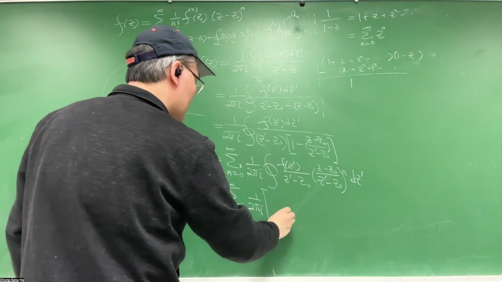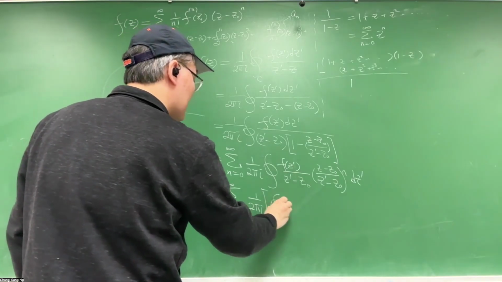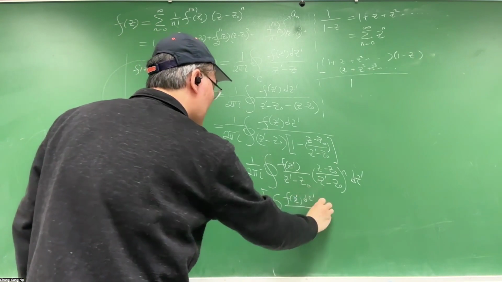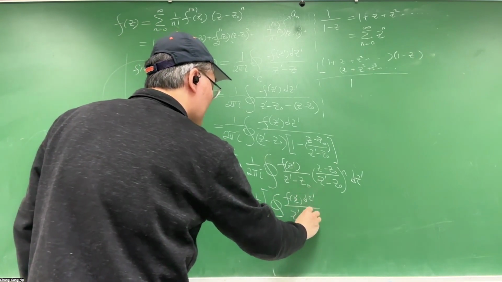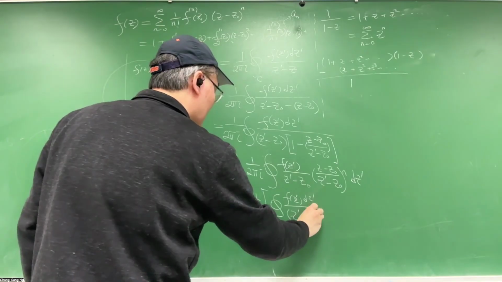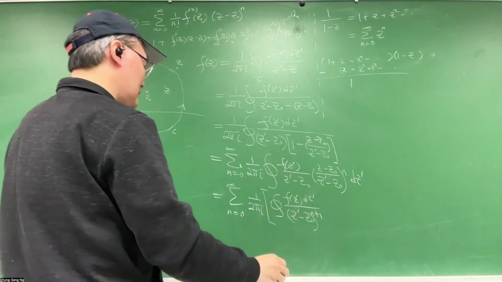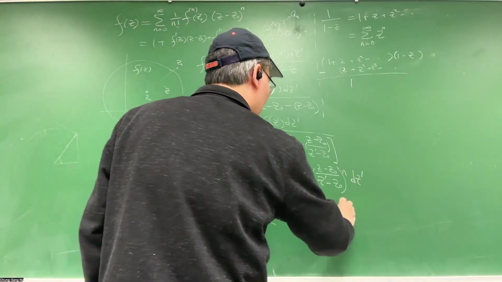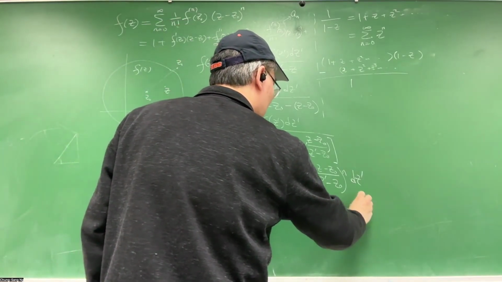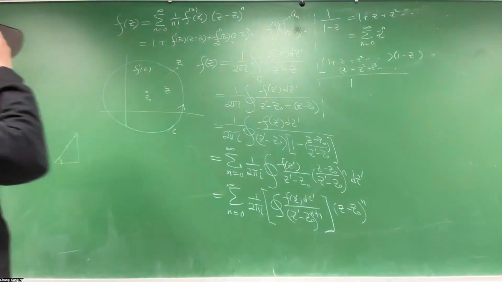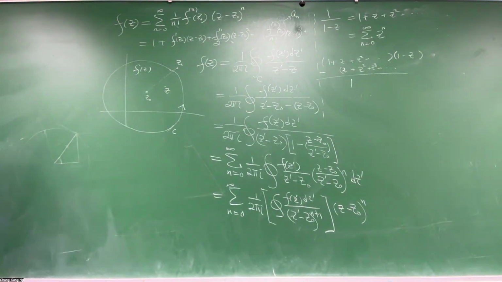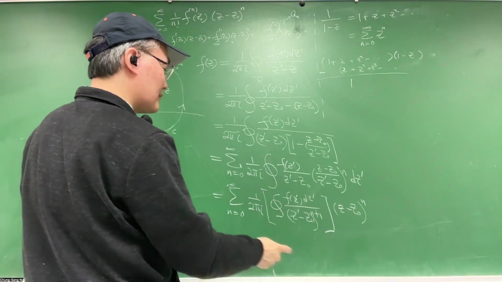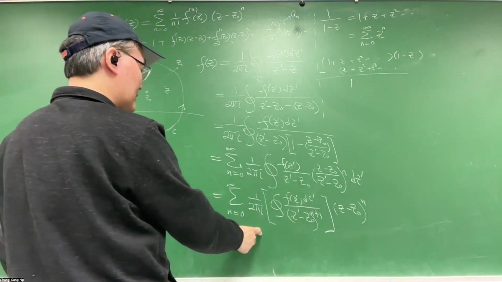The rest is just the integration of f(z') dz' over (z' minus z₀) to the power n plus 1. And that is the integration. And you multiply by the factor (z minus z₀) to the power n.